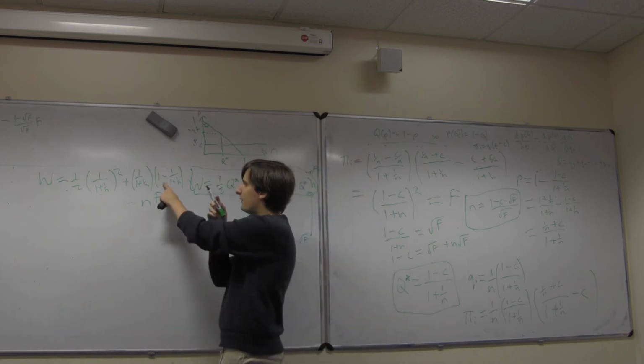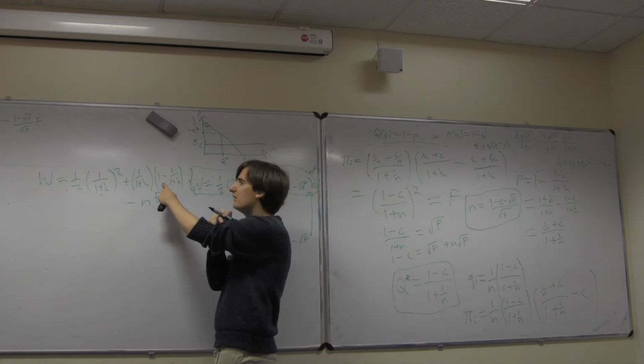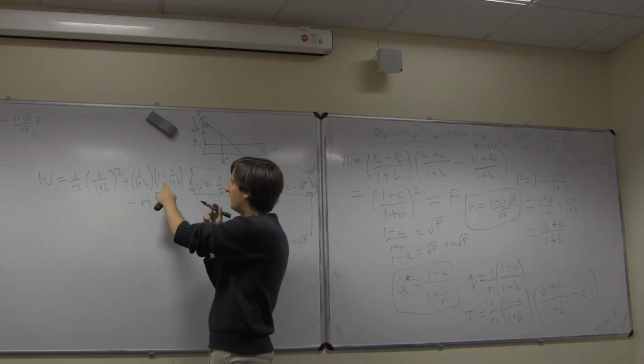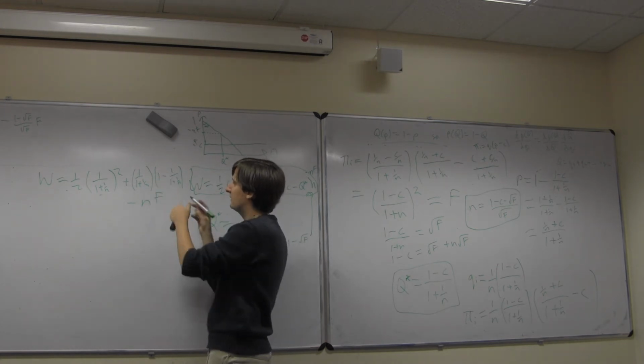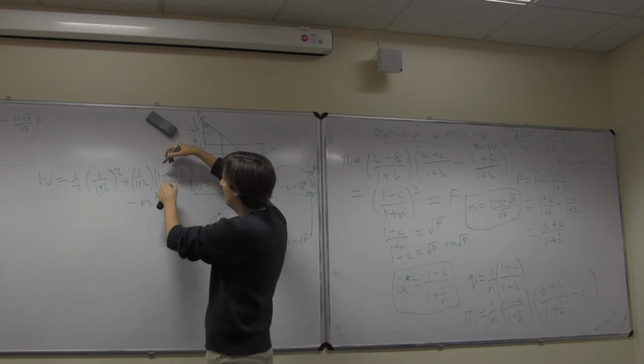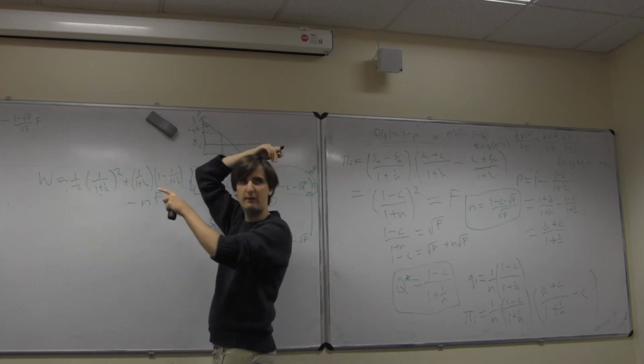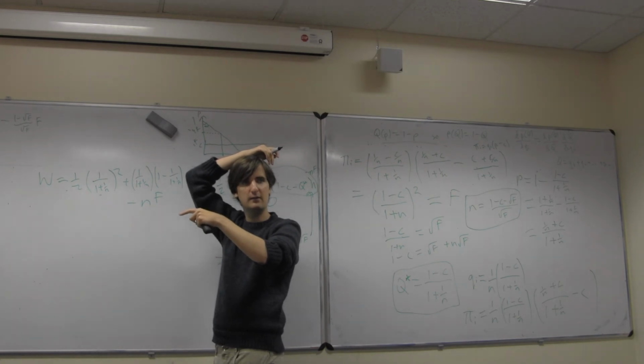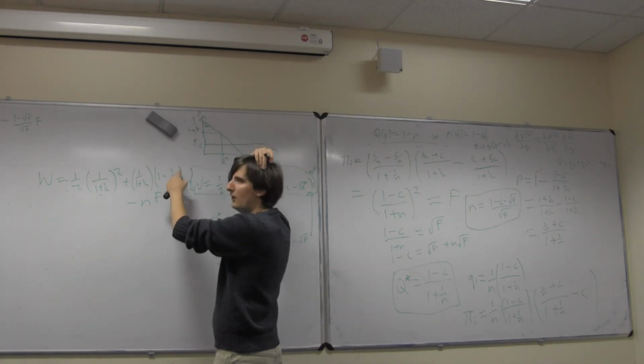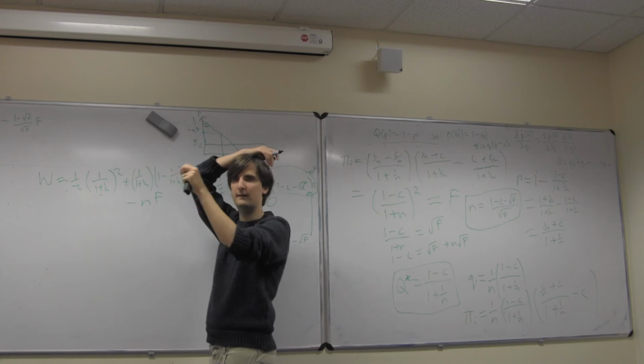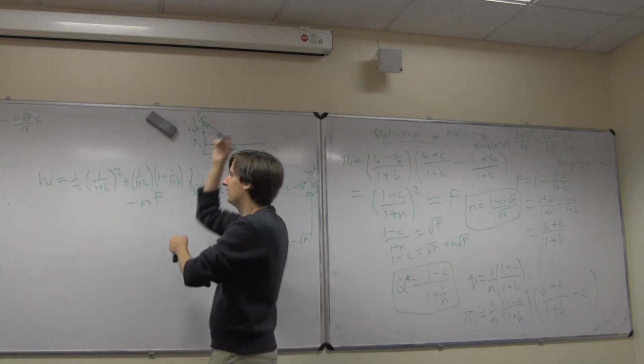So this thing here we can simplify. You can think of 1 as 1 plus 1 over n divided by 1 plus 1 over n. So when you subtract 1 from that, you get 1 over n divided by 1 plus 1 over n.